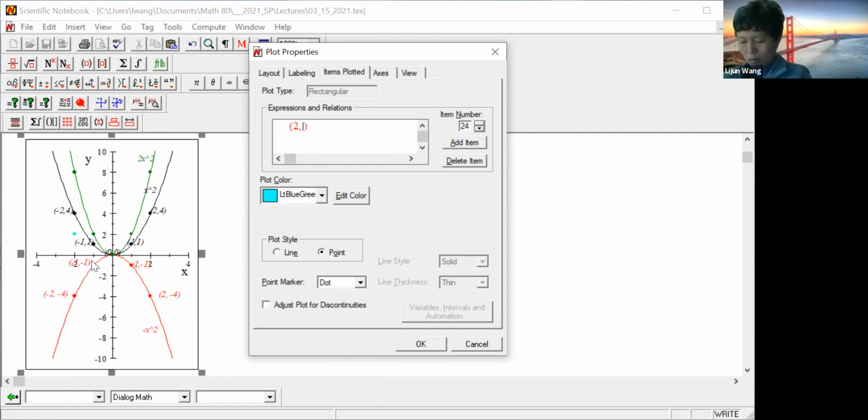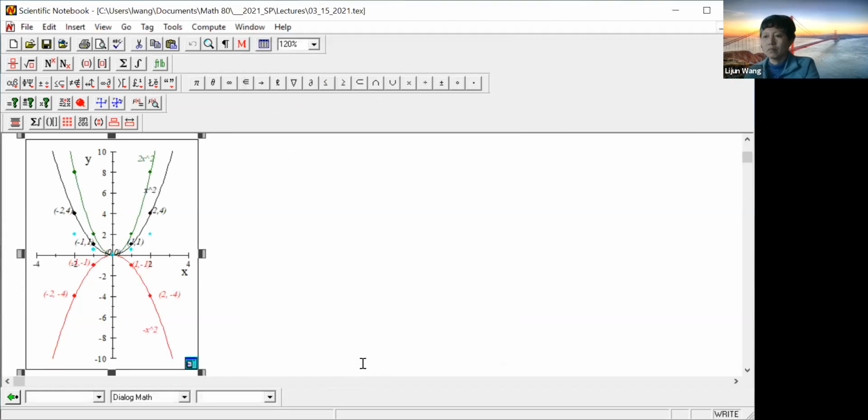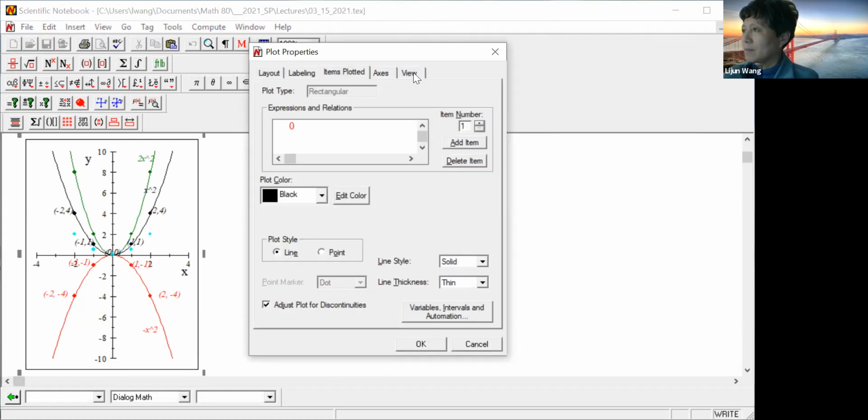No, 2 comma 2. You guys see that? I'm sorry about the noise outside. So let's connect the dots, which is half of x squared.